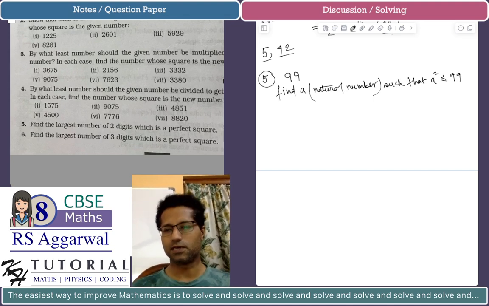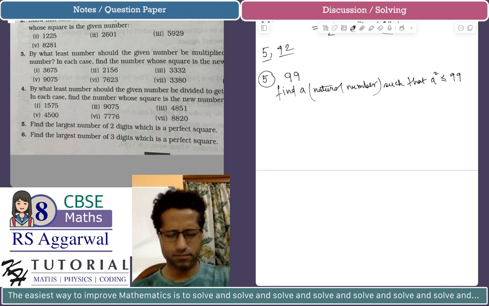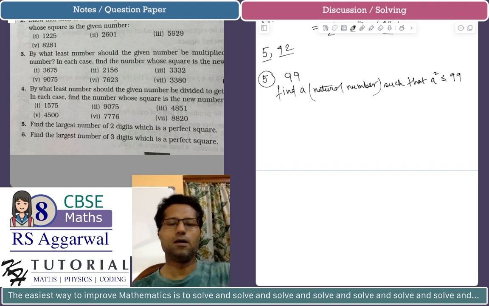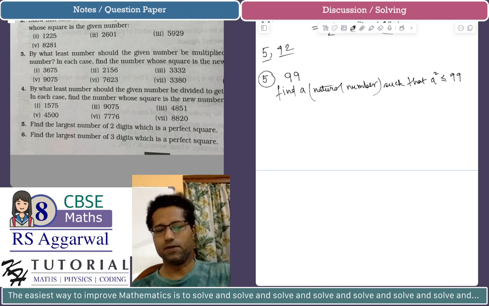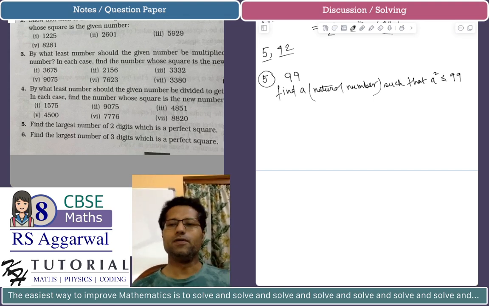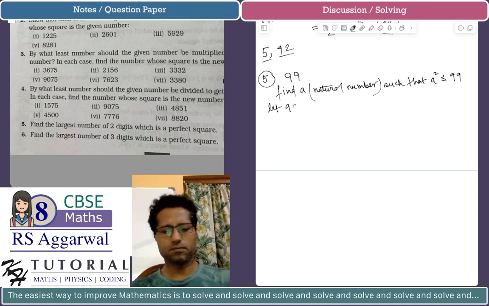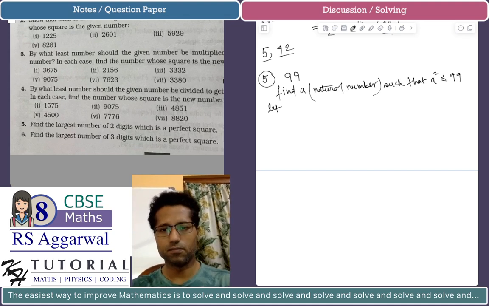If the number of digits in a square has to be 2, then the number of digits in a cannot be more than 1, because if it's more than 1, like 10, we get 10 into 10, 100. So it is crossing a 2-digit number. So let a equal 9.